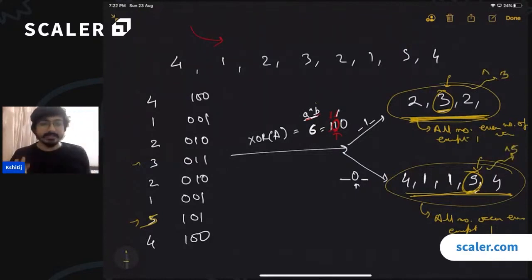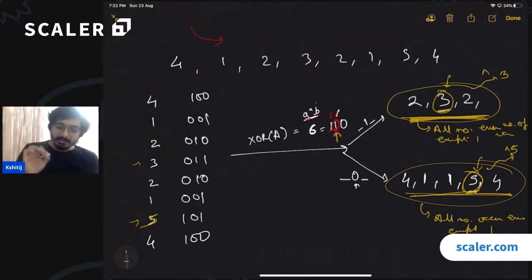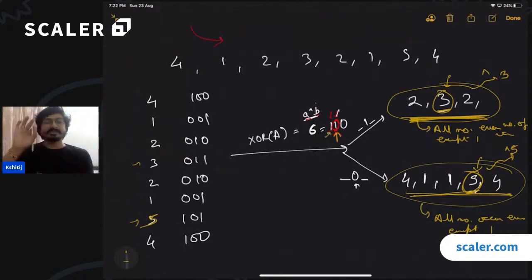Is this whole thing clear to everyone? So we partition based on one singular bit rather than for each set bit. Correct, Bhavya, that is absolutely correct. We are selecting any of the set bits. So currently in this case, I have partitioned based on the second bit. You can also do the partition based on the other set bits, because a set bit in a XOR result is going to guarantee that the two numbers are different at that place.